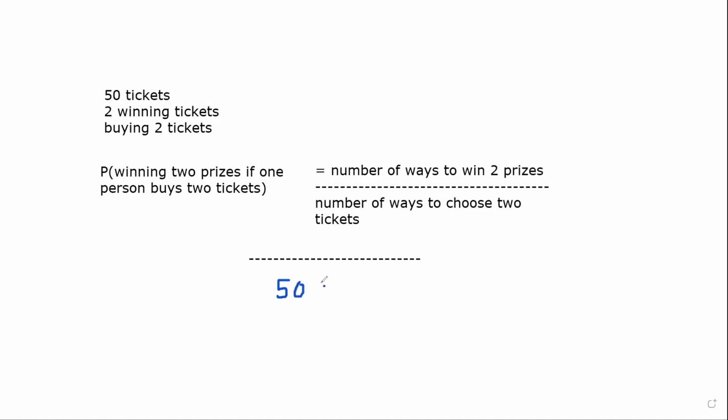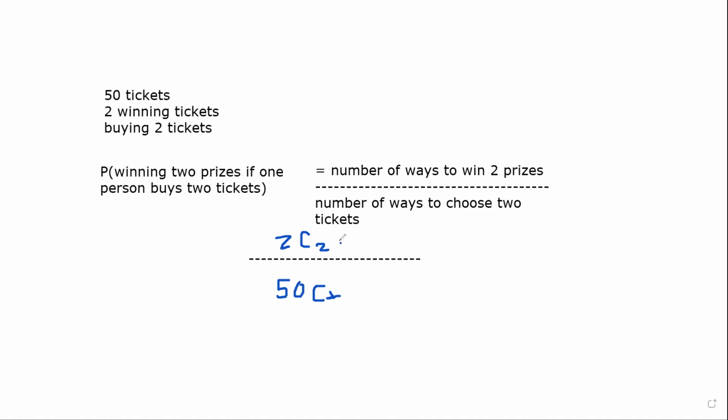This is the number of ways to choose 2 tickets, right? But the top is the number of ways to choose 2 winning tickets. So how many winning tickets do we have? 2. We have 2 winning tickets. And if we're going to win 2 prizes, we better choose both of them, right? So this part says there's 2 winning tickets and we're choosing 2 of those.